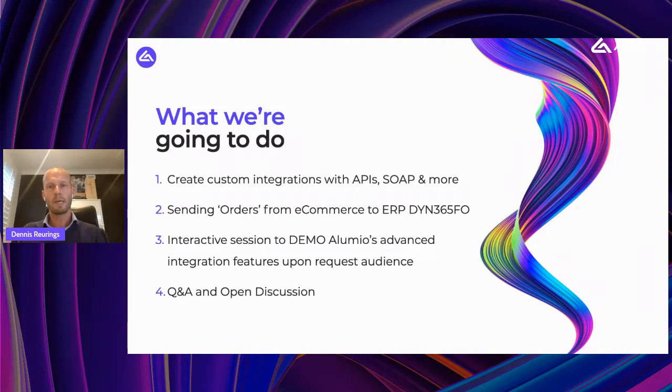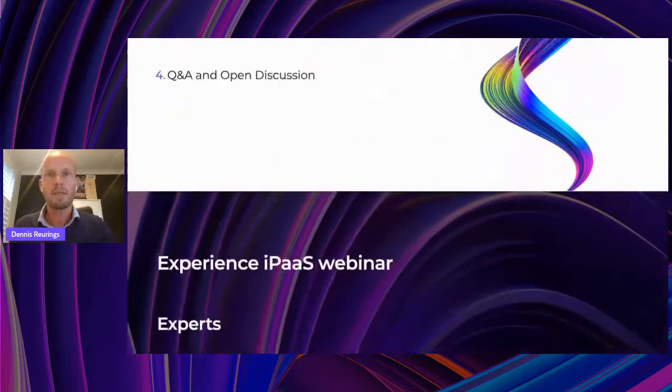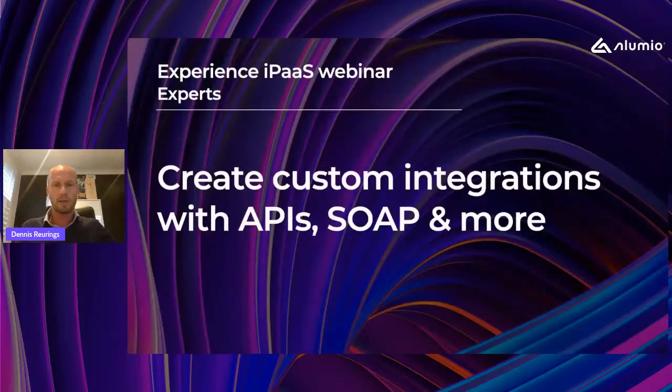After that, we would like to show you how to benefit from using Alumio's advanced integration features, based upon your requests and live input. We will also have a post-webinar Q&A and open discussion where anyone can ask questions and queries about Alumio in more detail. So, okay, let's start with the first topic.